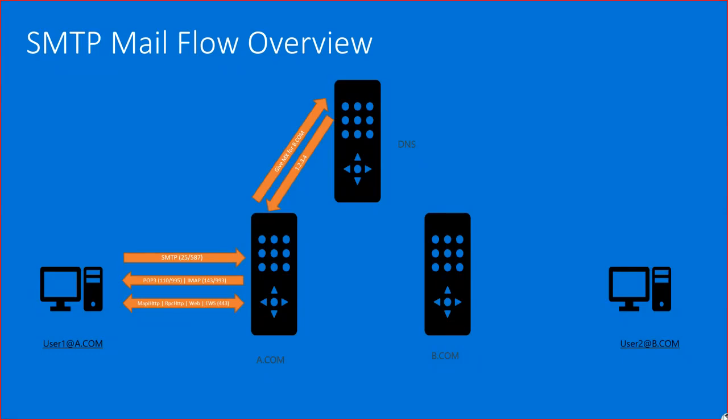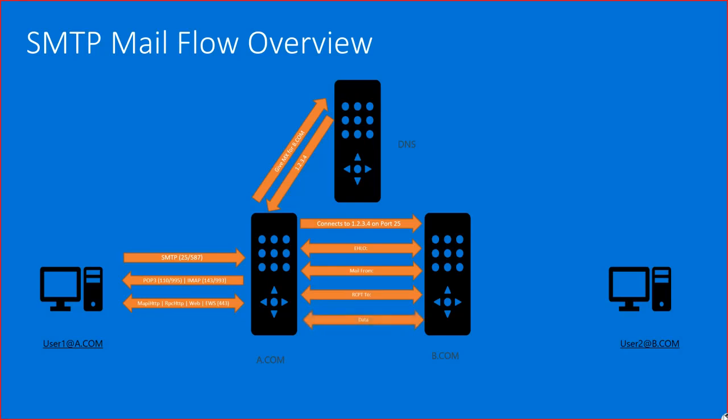Once a.com's mail server has the IP address, it connects to that IP address using port 25 to establish the connection. Then it transfers a few SMTP commands, and eventually, with the data command, the message is transferred from a.com to the server on b.com.